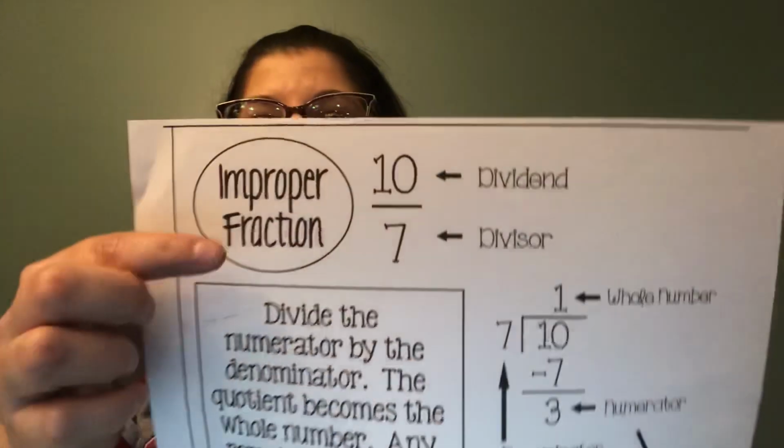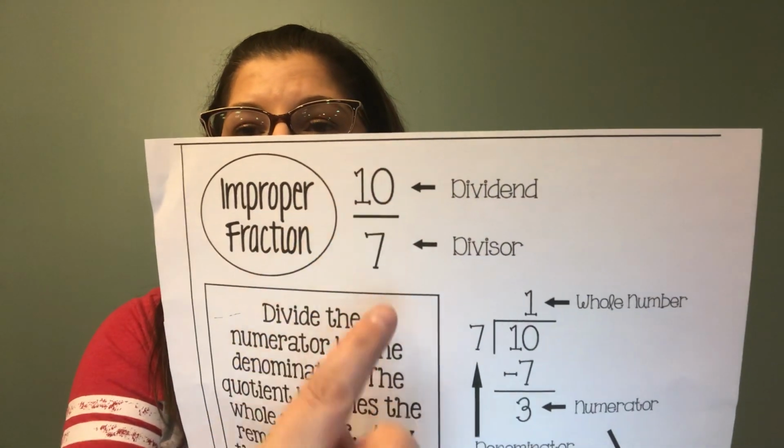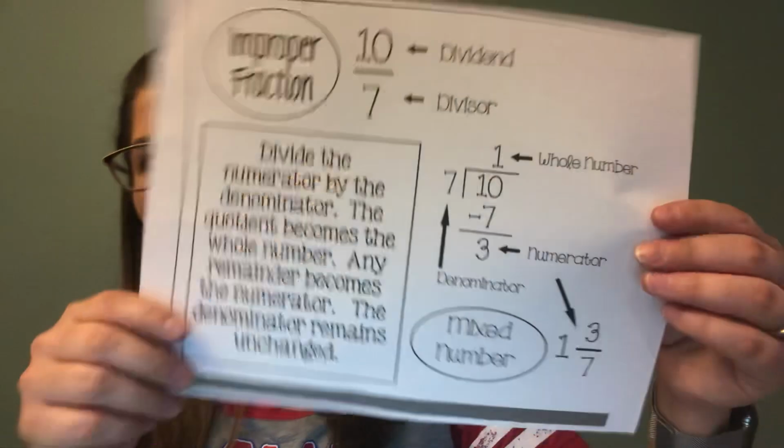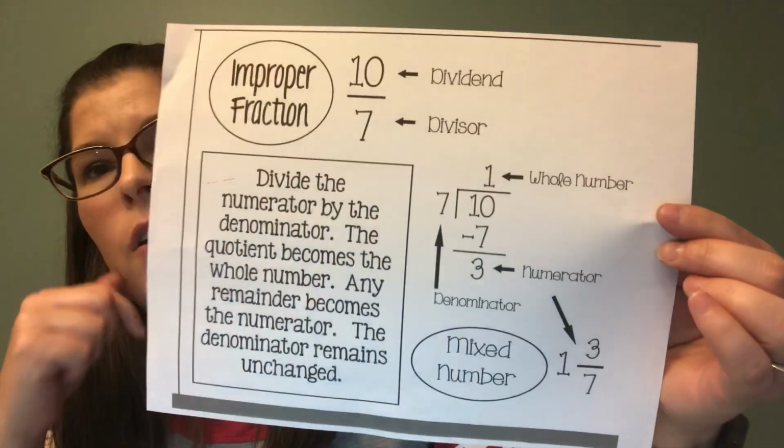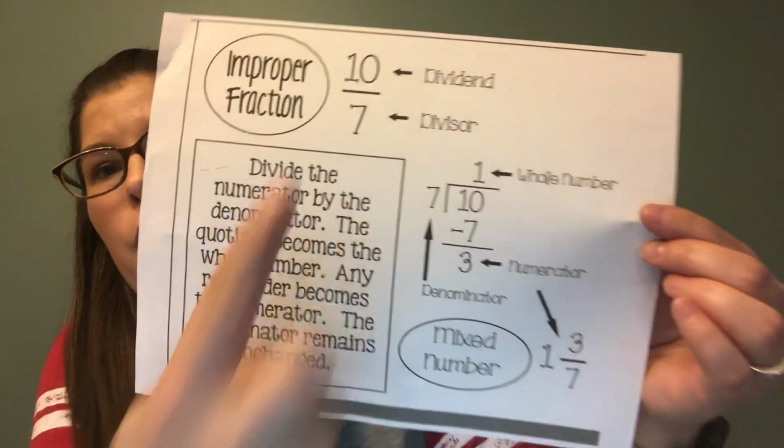First it says, what is the total weight of all the potatoes? Give your answer in simplest form. Remember, that means it needs to be in proper form. It cannot have a numerator bigger than the denominator. So go back to the Google Classroom, to when we went over converting.